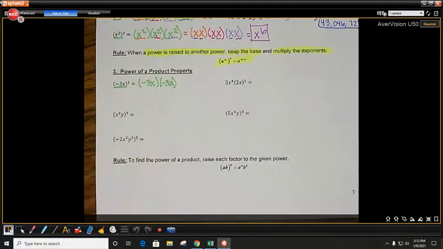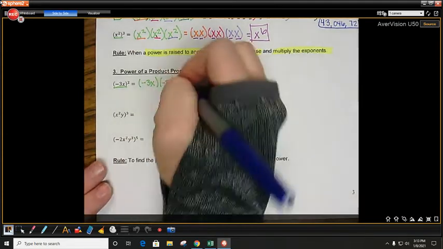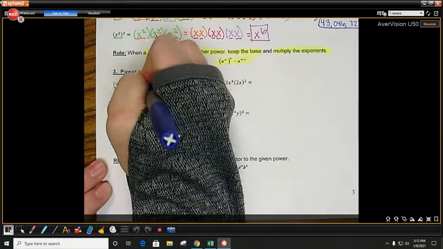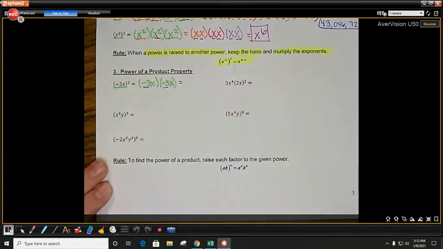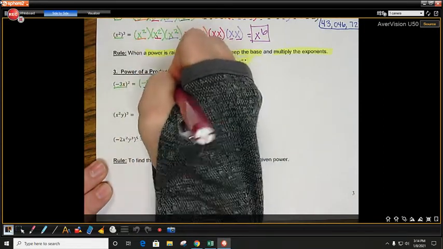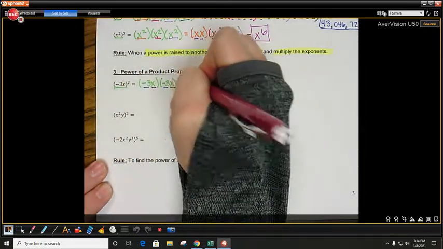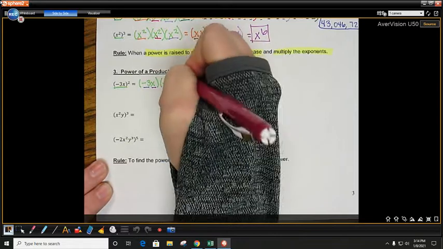Once you do that, you don't have any more exponents, so we're done expanding. So now we're going to multiply our like bases. I have -3 times -3. Those are your coefficients, so just multiply them together like we always have. -3 times -3 is 9. And then how many x's do I have? There's 2 x's, which becomes x squared.